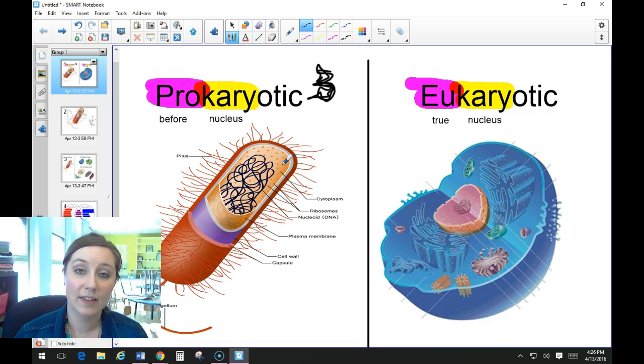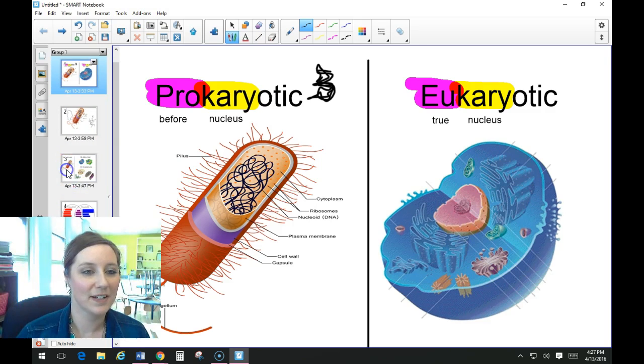And so because of that, that actually leads us into another difference, is that the prokaryotic cell is very much less complex than what the eukaryotic cell is. Eukaryotic cell, super complicated. Prokaryotic cell, super simple. Okay?